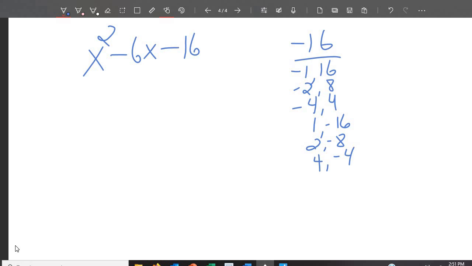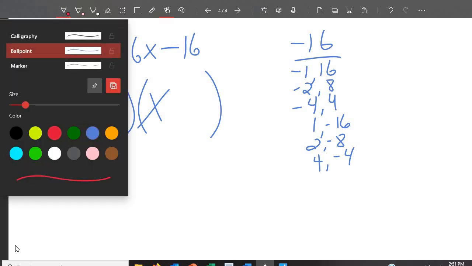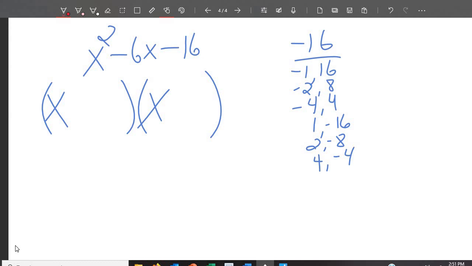Now, I know it's going to factor into this. I know my signs are going to be different, because of the minus sign at the end. So let's go add these up. What am I looking for in the middle? I'm looking for a -6.